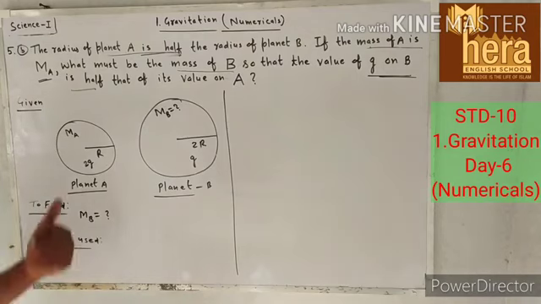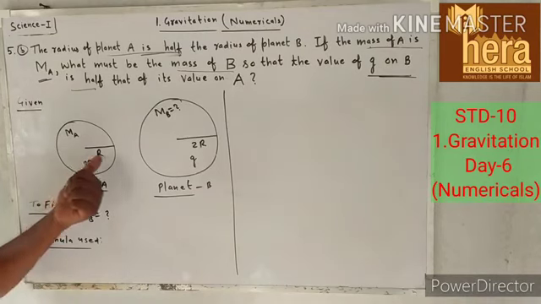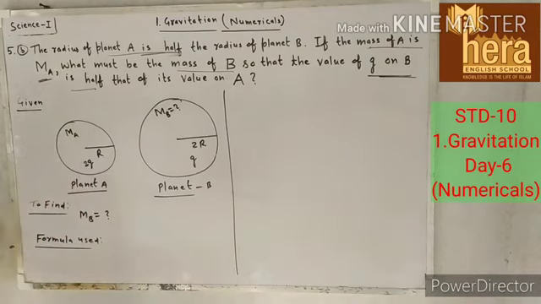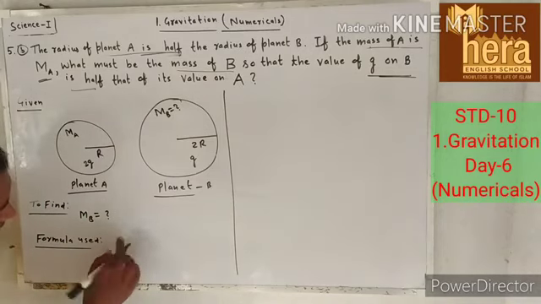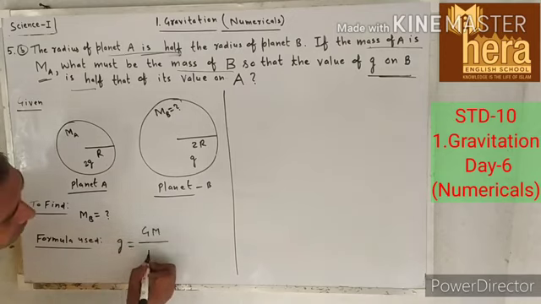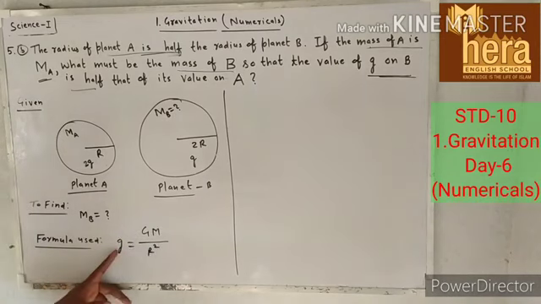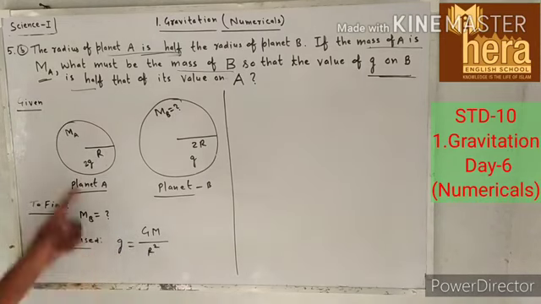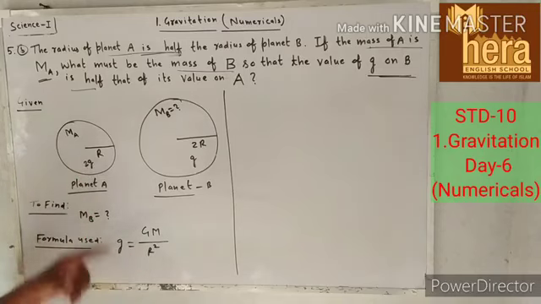Which formula will you use? See this: g is equal to GM upon R square. Here g is the acceleration due to gravity, given. R is also given.